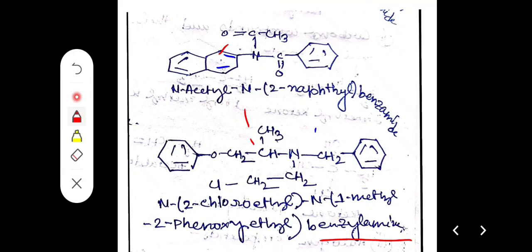That's why the name is N-acetyl-N-(2-naphthyl)benzamide. Similarly, the second structure is benzylamine, benzene CH2NH2, but this NH2 is substituted by 2-chloroethyl and 1-methyl-2-phenoxyethyl. That's why the name is N-(2-chloroethyl)-N-(1-methyl-2-phenoxyethyl)benzylamine.